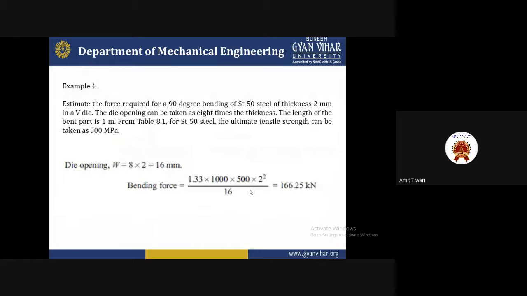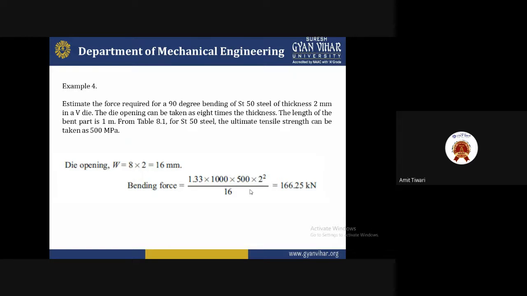Okay. Now we consider the next example, number 4, which is to estimate the force required for a 90-degree bending of stainless steel, a 50 steel of thickness 2 mm, in a V die section. The opening can be taken as 8 times the thickness, and the length of the bend part is 1 meter.